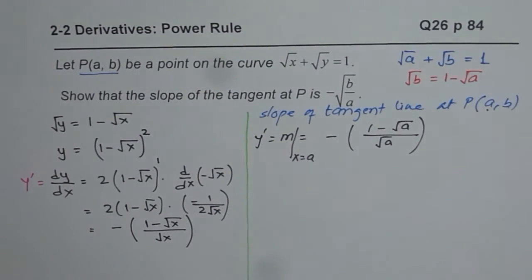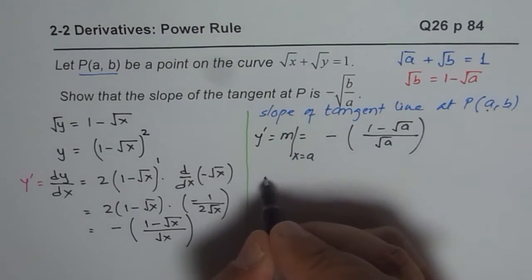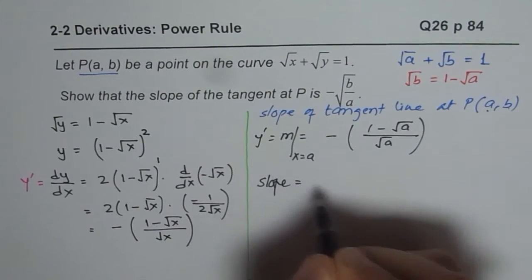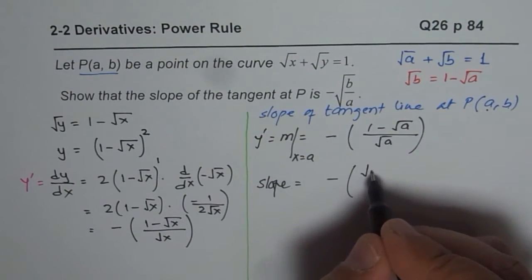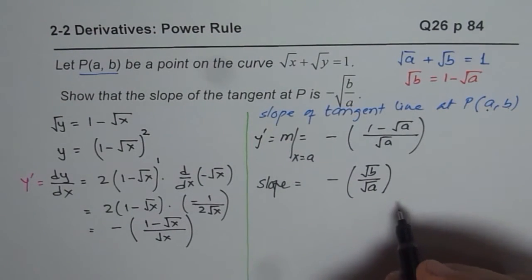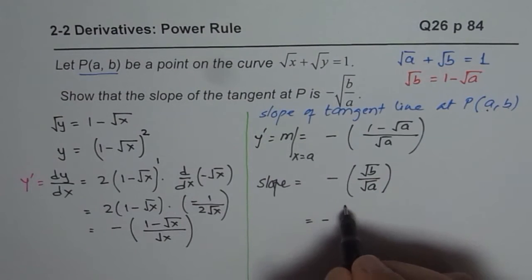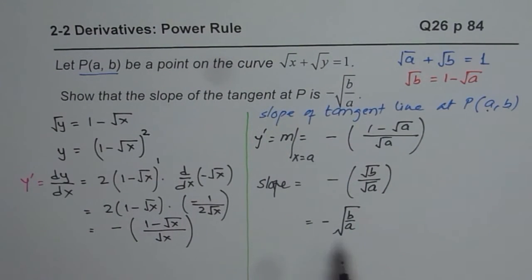So that is what we are going to replace it with, and we get that the slope of the tangent is equal to minus (1 minus square root of a), which is square root of b, over square root of a, correct? Which is definitely equal to minus square root of b over a, right? So that is how you should prove this particular equation. You should solve this particular question. I hope that helps. Thank you and all the best.